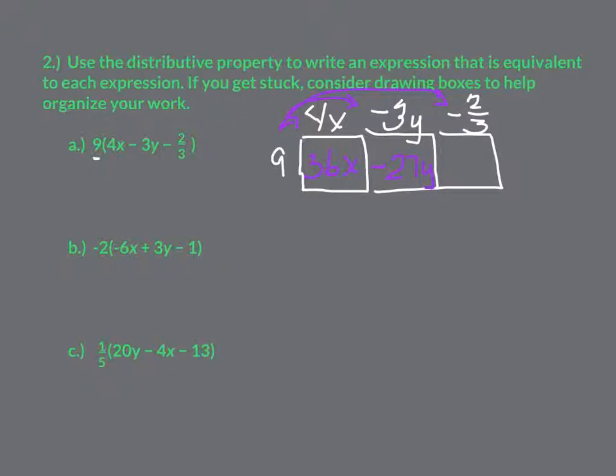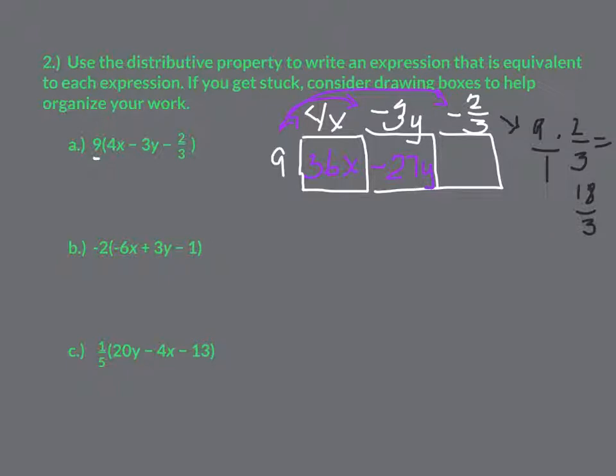9 times -2/3. Well, I'm going to take this off to the side here just a moment because I'm going to remind you about when we're multiplying fractions, right? Top with the top and the bottom with the bottom. That would give us 9 times 2 is 18. 1 times 3 is 3. And that tiny little 3 is too little to hold up that big giant 18.